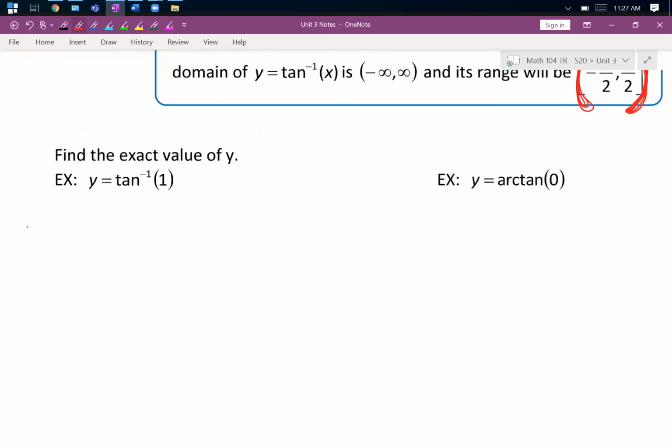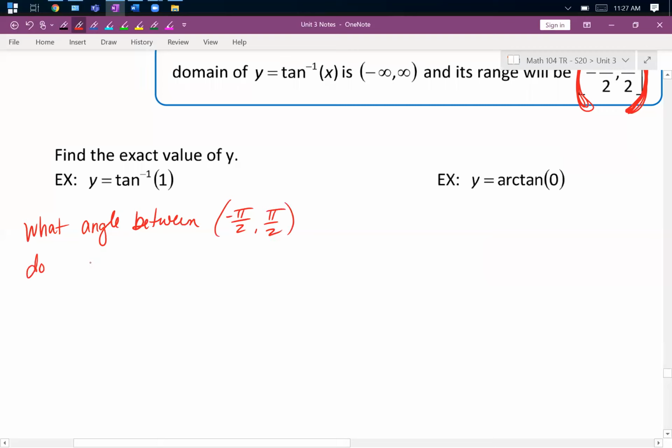Our question is, what angle between -pi/2 and pi/2 does tangent equal 1? Tangent equals 1 when we have a 45-45-90 triangle.